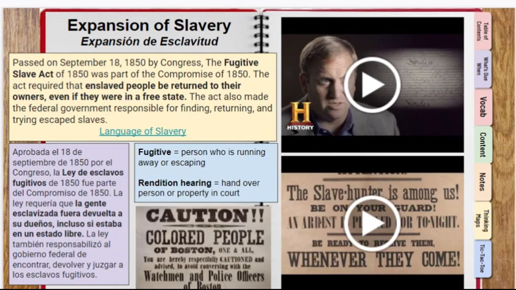The act also made the federal government responsible for finding, trying, and returning any escaped enslaved people, and it could arrest, fine, and put in jail any white allies who were assisting an escaped enslaved person. So what this was trying to do was to prevent the runaway to freedom.